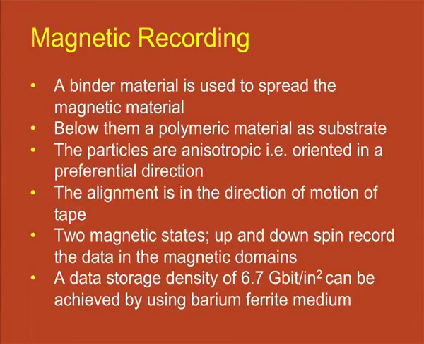So, the tape is a polymer material in which the magnetic particulates are embedded, and these particles are oriented in a preferential direction, aligned in the direction of motion of the tape. Two magnetic states, that is up and down spin, record the data in the magnetic domain. In this magnetic tape, the storage density is 6.7 gigabit per inch square, and it can be achieved by using a barium ferrite medium.